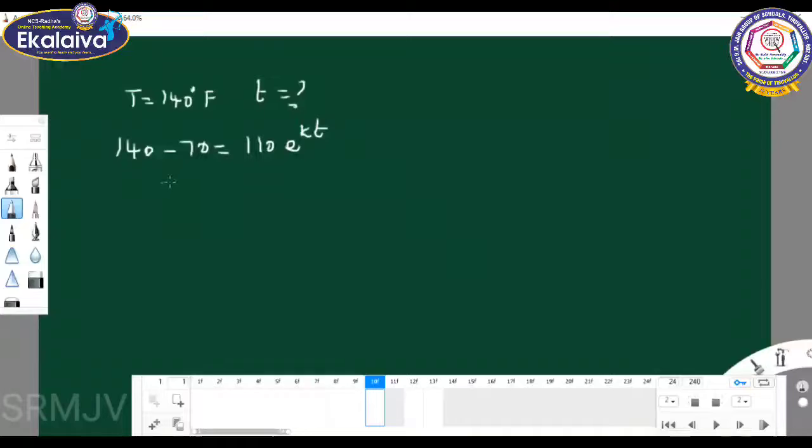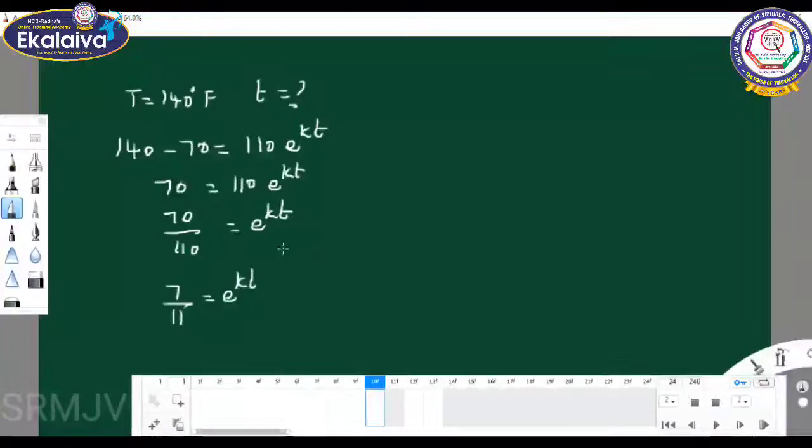So 70 equal to 110 e power kt. 70 by 110 equal to e power kt, so 7 by 11 equal to e power kt. Apply log on both the sides. Log of 7 by 11 equal to kt.